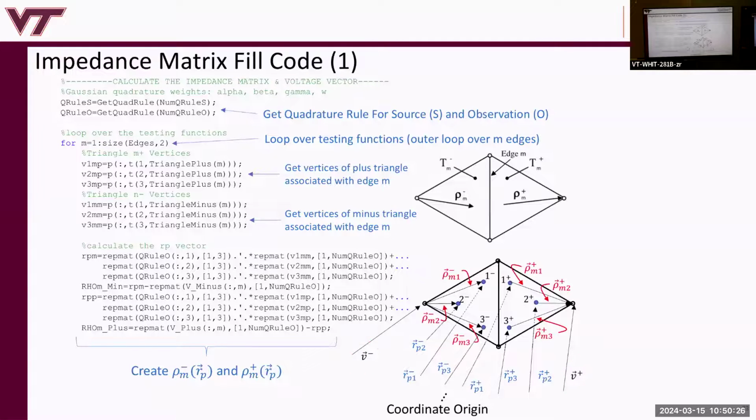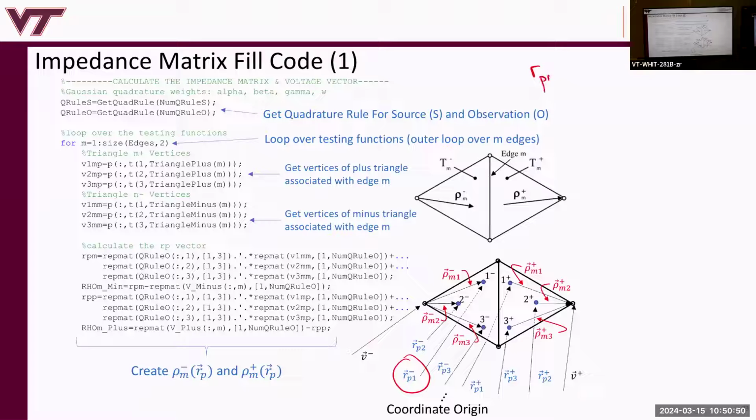And we have 1, 2, 3 points in the minus triangle and 1, 2, 3 points in the plus triangle. So point number 1, for example, is pointed to by RP1 minus, because it's the first integration point, the observation point P, and the minus side of the triangle.